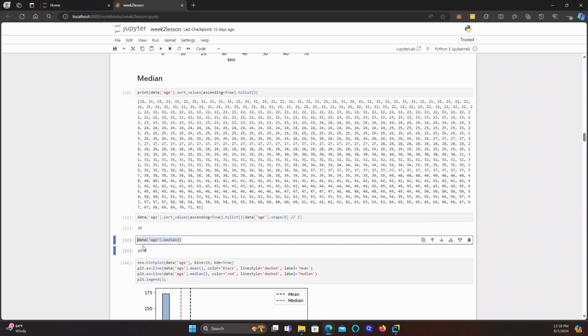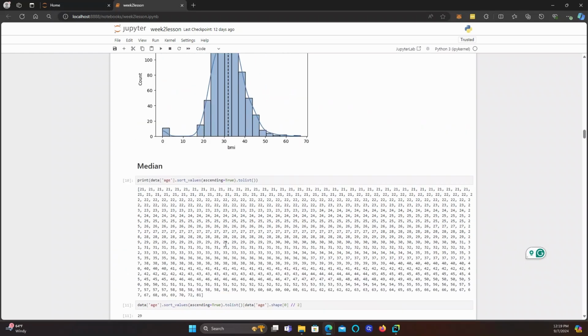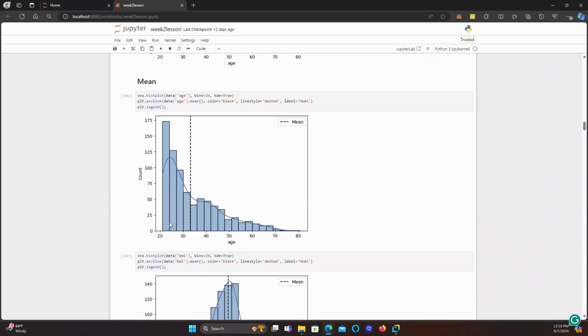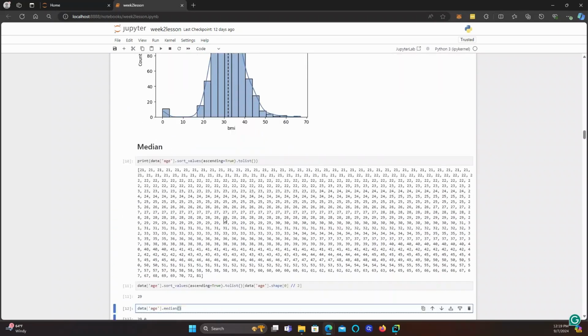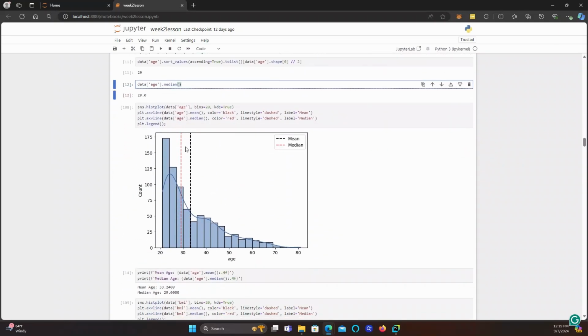Handily, there's a dot median function that does all the work for you, and spits out 29. And 29, as we look over here, is actually a lot closer to most people's ages than 33 is. So when we talk about age, the median might actually be a better measure of center than the mean, depending on what you're doing.